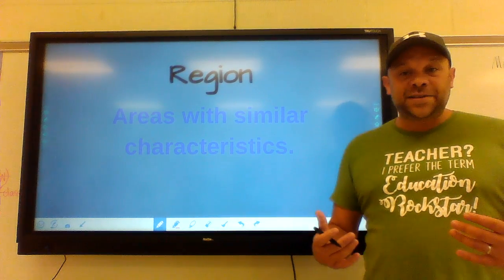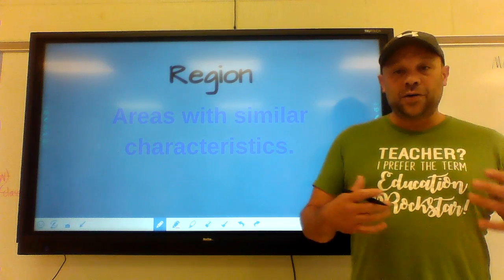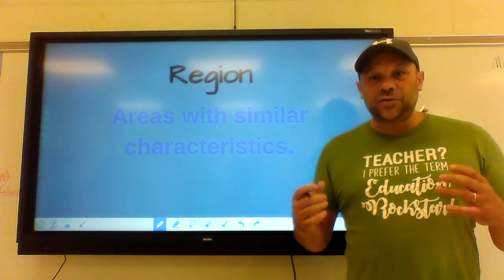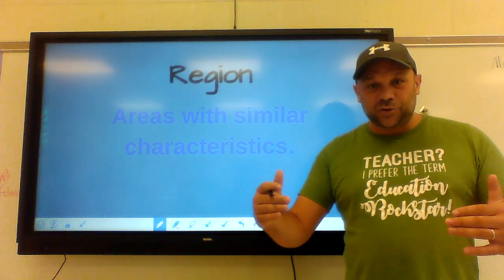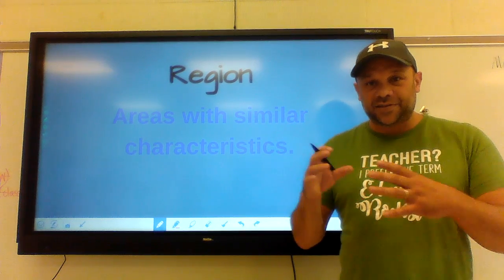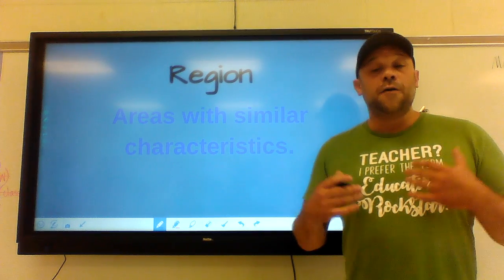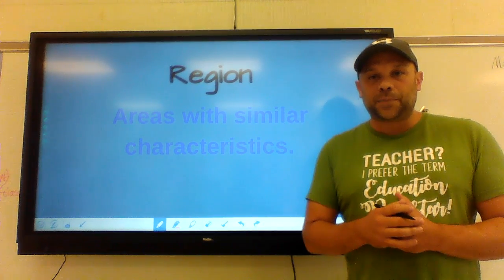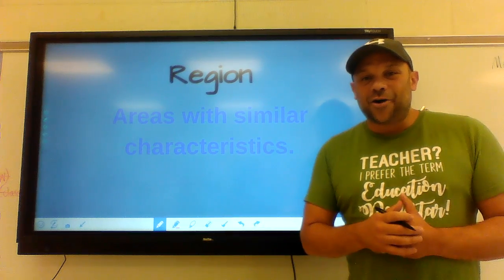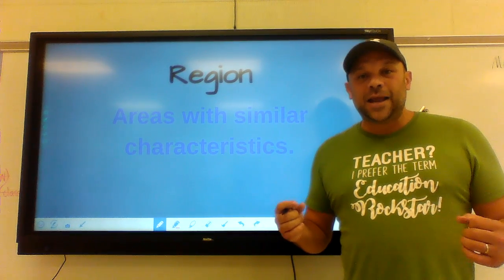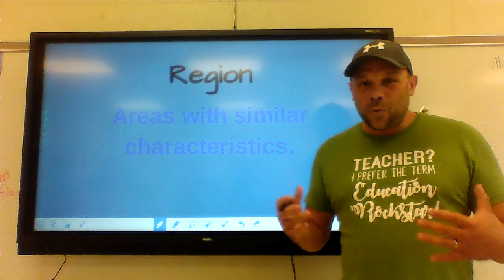And we have several different ways of identifying regions. We have those governmental regions, or what we call formal regions, that will use a map, and we indicate by the lines that are drawn on the map that this is a state or this is a country. Those are formal regions, government regions. There are also functional regions, which are regions where we don't necessarily have lines on a map, but it indicates where someone will go or what they'll do.